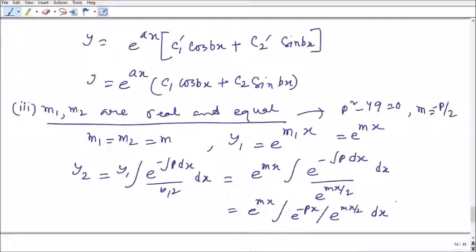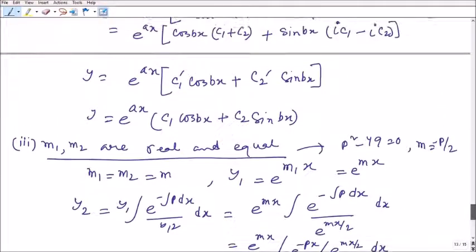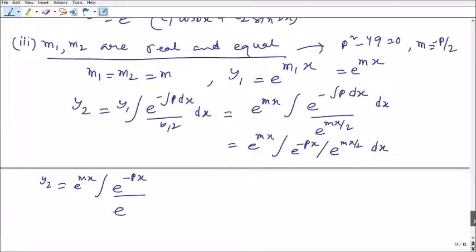So we can write y2 equal to e to the power mx times the integration of e to the power minus px divided by y1 square.